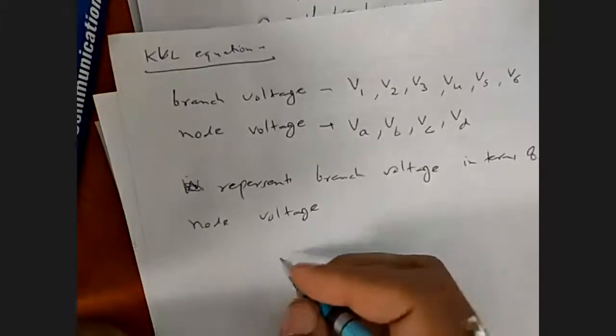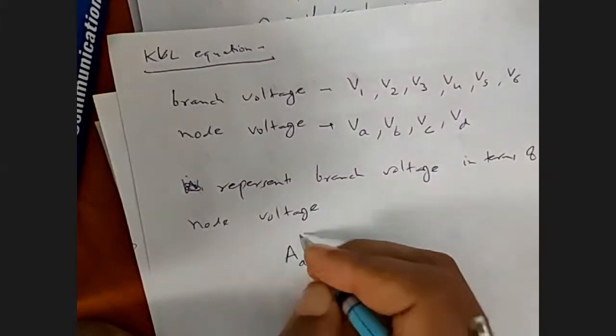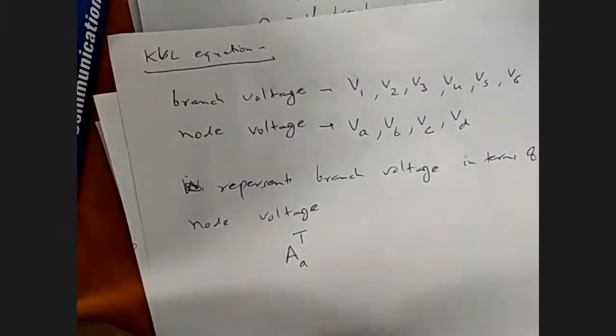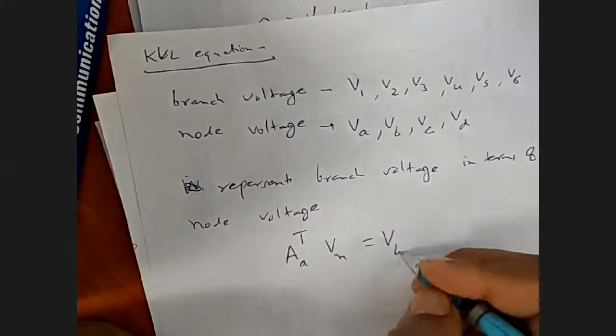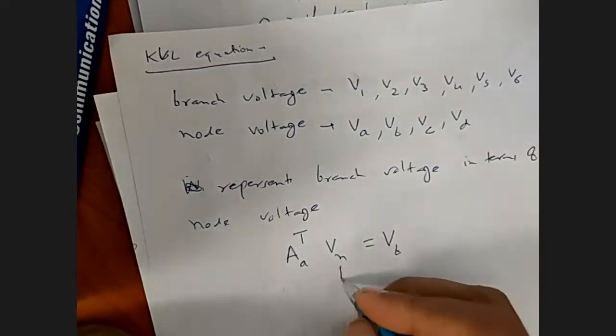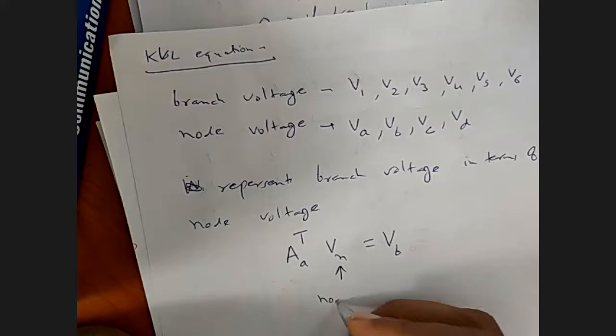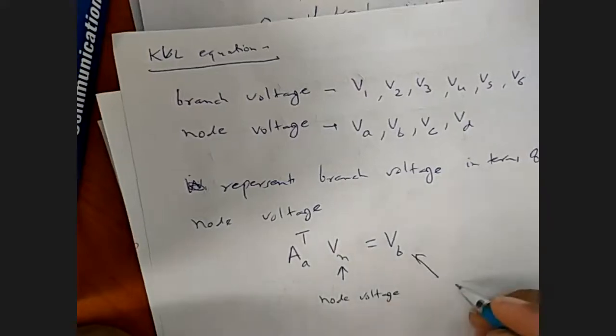It is simply the transpose of AA times Vn equal to Vb, where Vn is node voltage and Vb is branch voltage.